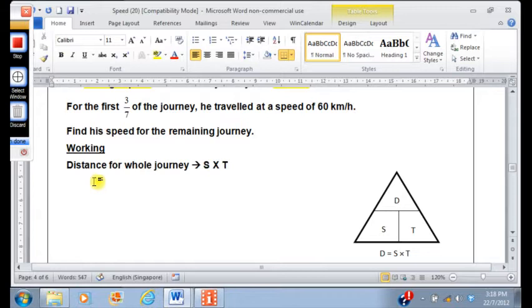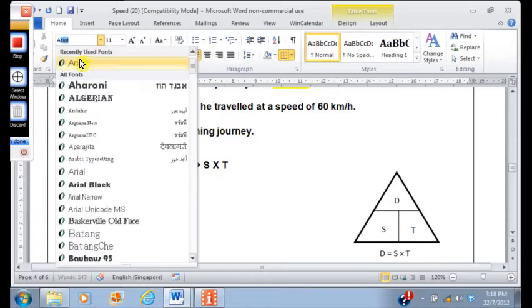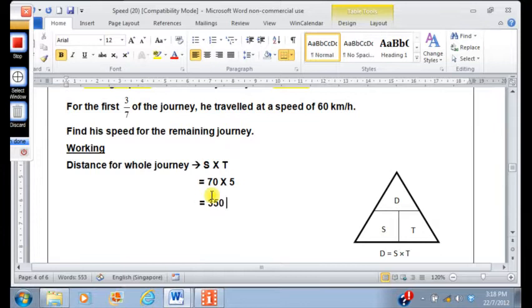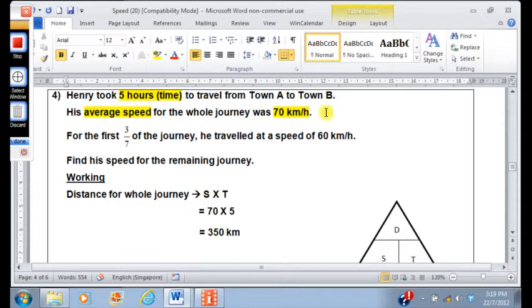So this will be 70 multiplied by 5, and this will give you 350 kilometers. Right, good. There's nothing else we can do, so we move on to the next sentence.